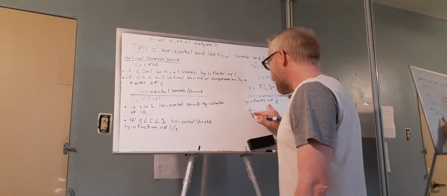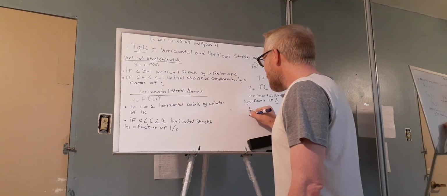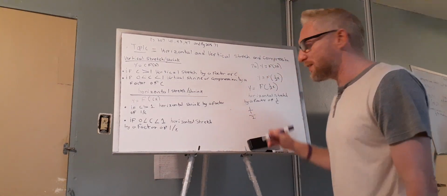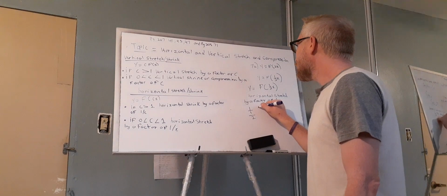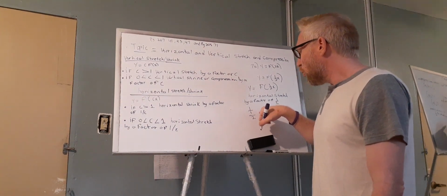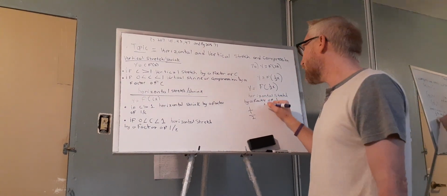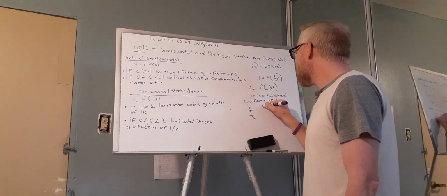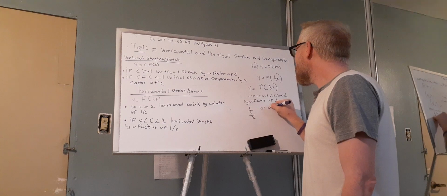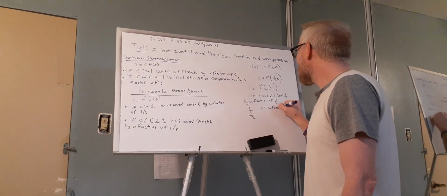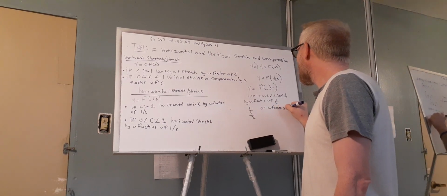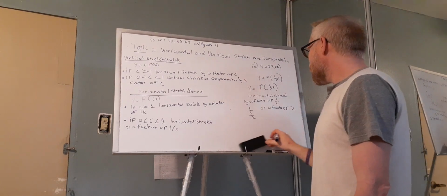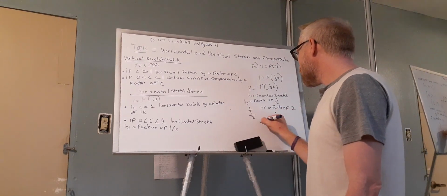And ladies and gentlemen, when you have 1 over 1/2, it's the same thing as saying 2, because you divide 1 over 1/2, and that turns into 2. So that's why we say horizontal stretch by a factor of 2.